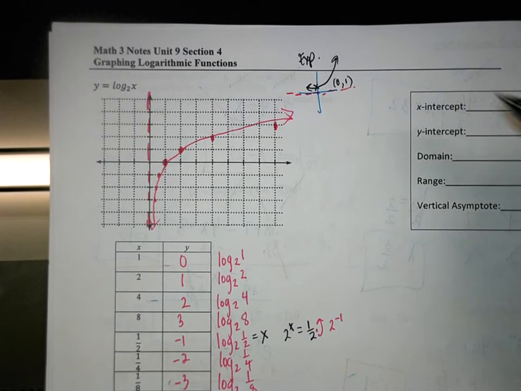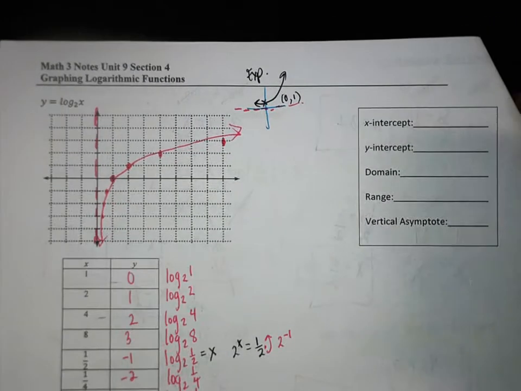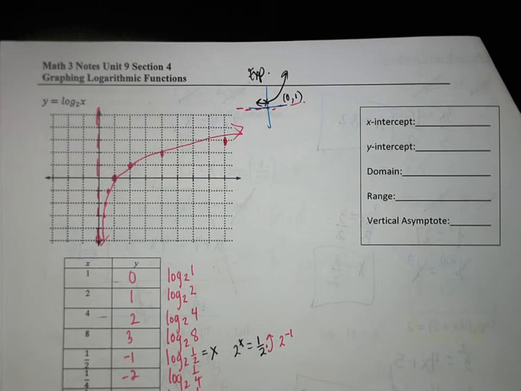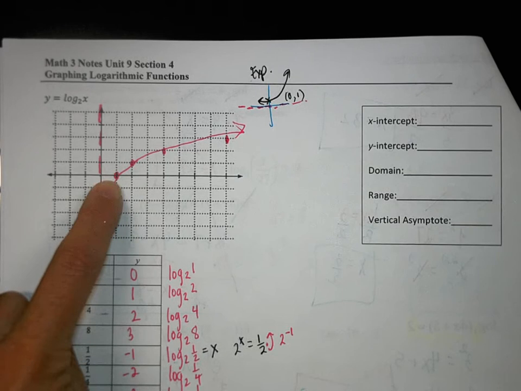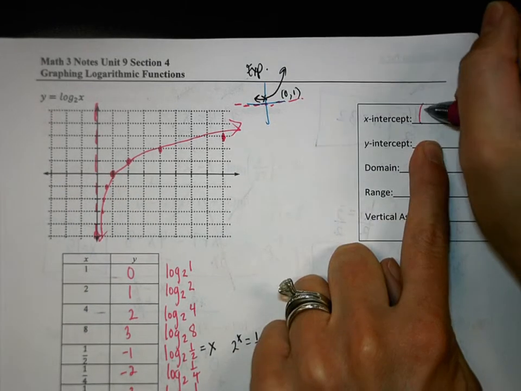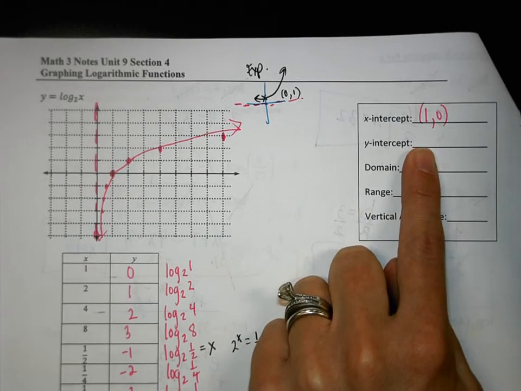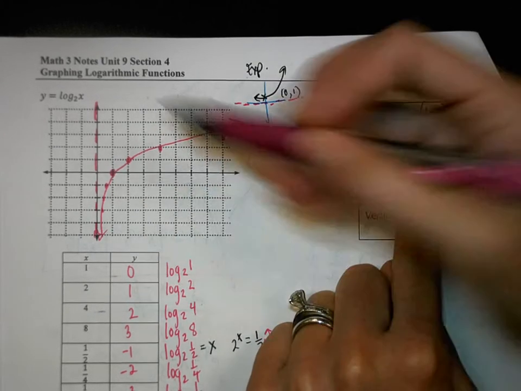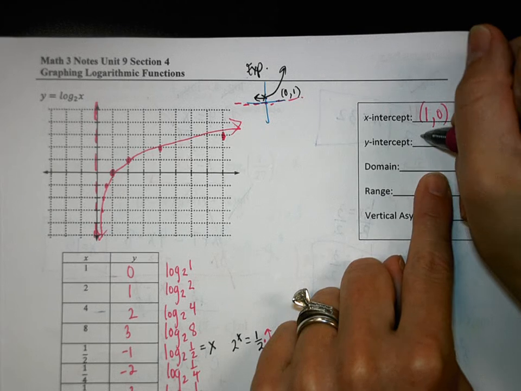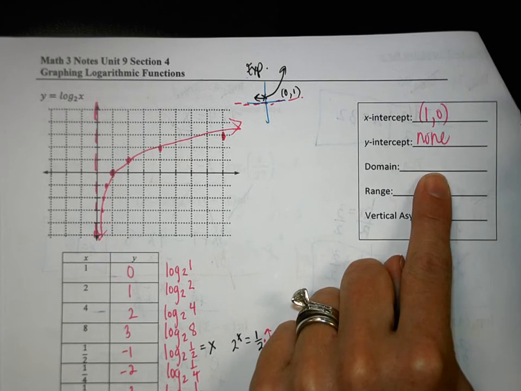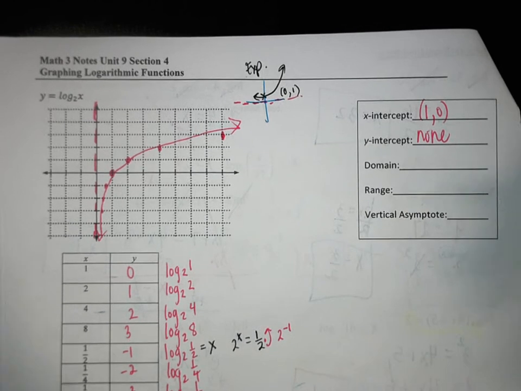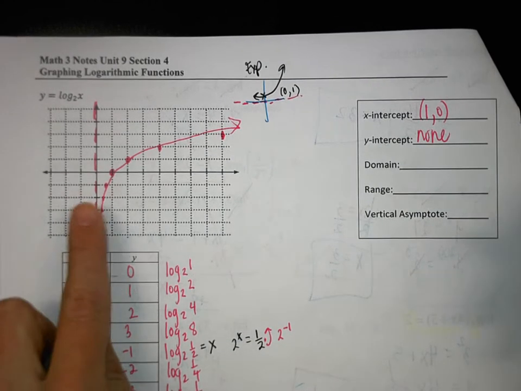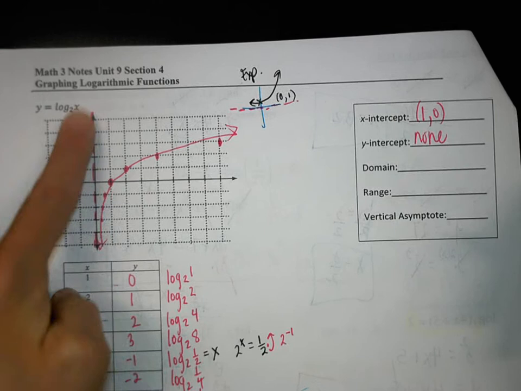So on this graph right here, let's answer these questions. What is my x-intercept for our graph? The x-intercept is at 1, 0. The y-intercept, does it ever touch that y-axis? No, so that's none. Does that make sense? Domain, going from the left to the right, where does it start?